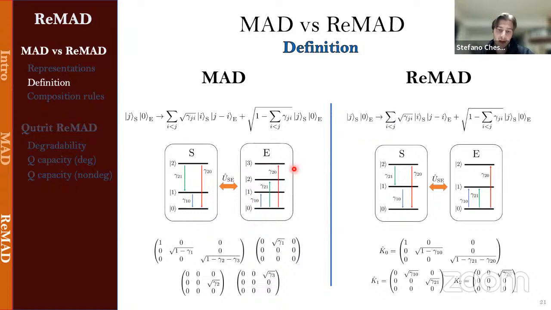Here we have, in the qutrit multi-level amplitude damping case, a four-dimensional environment system. Here we have a three-dimensional environment. Here there are no constraints regarding the energy spacing of the levels. Here we have resonant levels in the system and in the environment, and also the number of Kraus operators switches from 4 to 3.